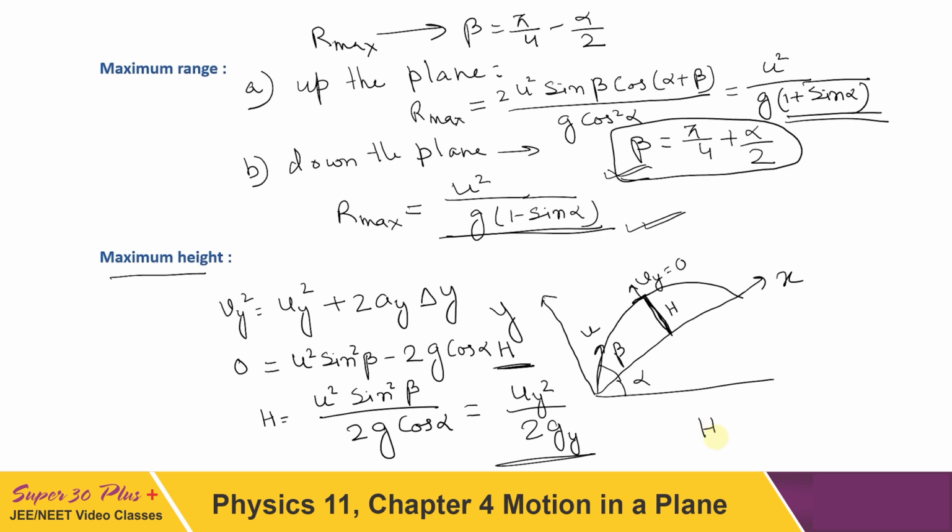So if this h has to be along the vertical direction, I am writing here vertical, then this will be u vertical, squared, upon 2g in the vertical direction, that will be g itself. So this is how maximum height can be obtained, whether it is with respect to the inclined plane or in the vertical direction.